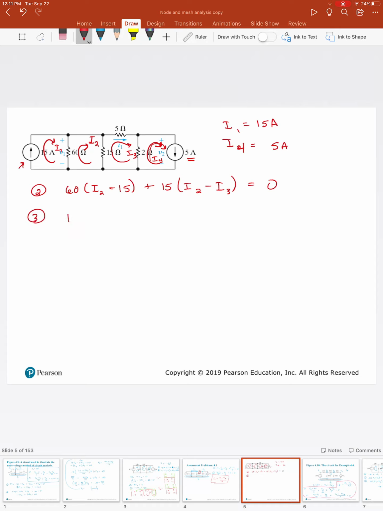And now looking at mesh 3, I have 15 times (I3 minus I2), and then I have 5 I3 and 2 times (I3 minus I4), which in this case is 5 amps, and that's equal to 0.